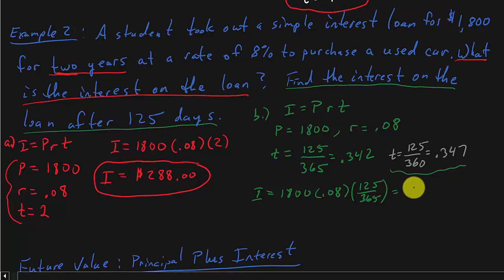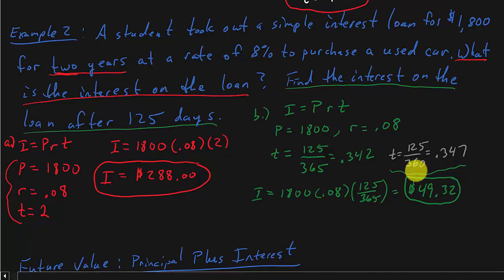And that is going to be $49.32. That's rounding it to 2 decimal places. All right, and that would be the answer. But let's see how the 365 and the 360 compare.